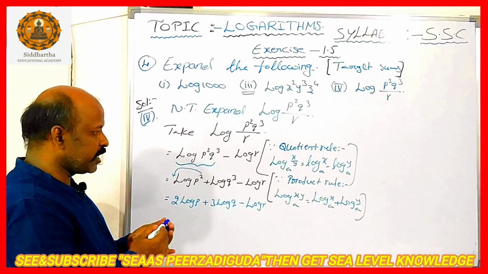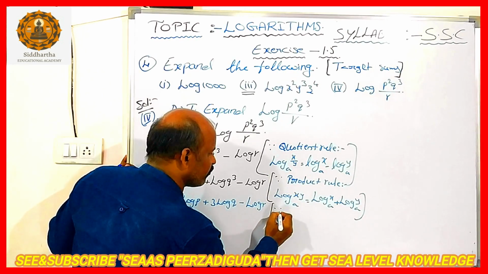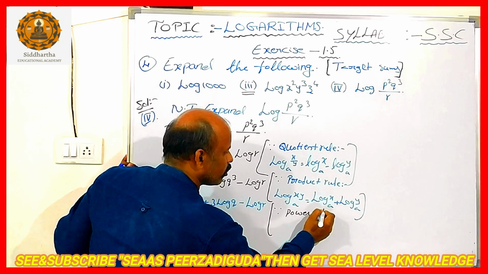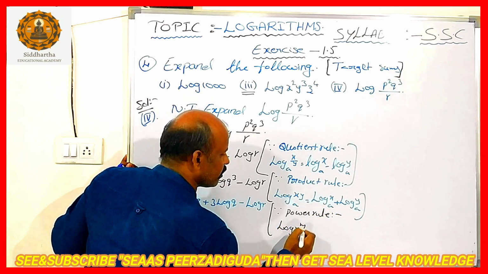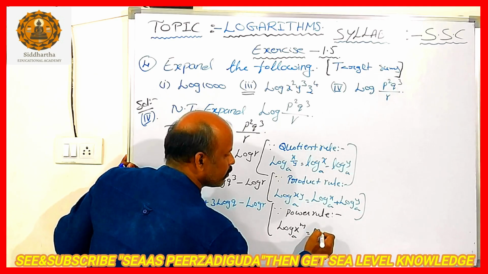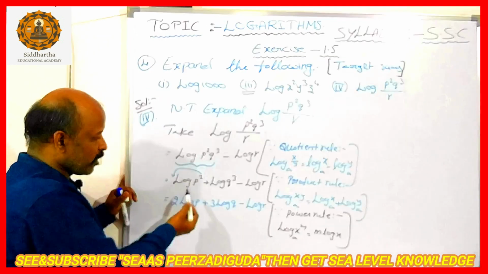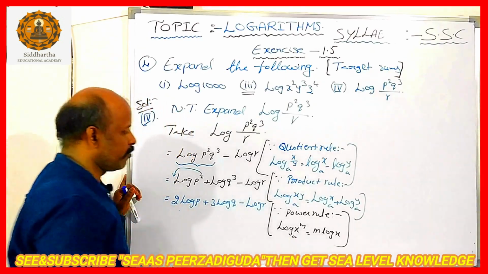Which formula did I use over here? Power rule. What is power rule over here? Log x power m base a is equal to m log x. So this power formation is there, and I wrote it here in the RHS form.